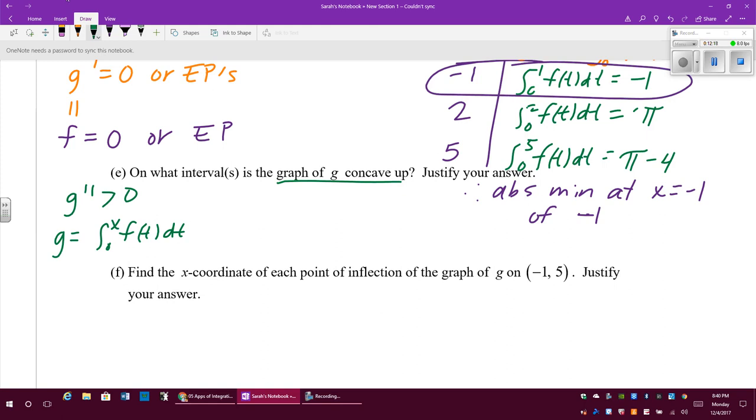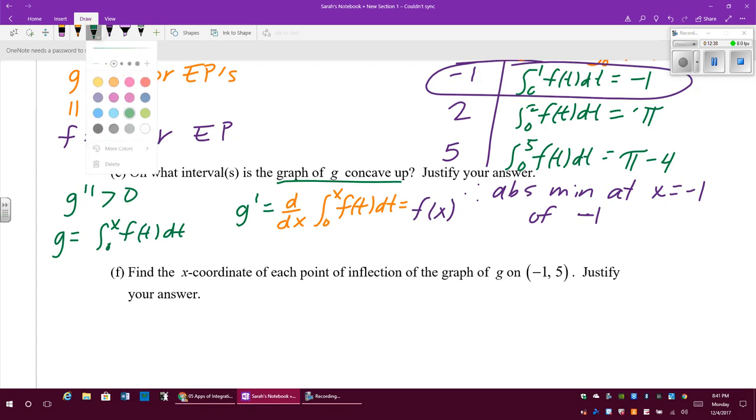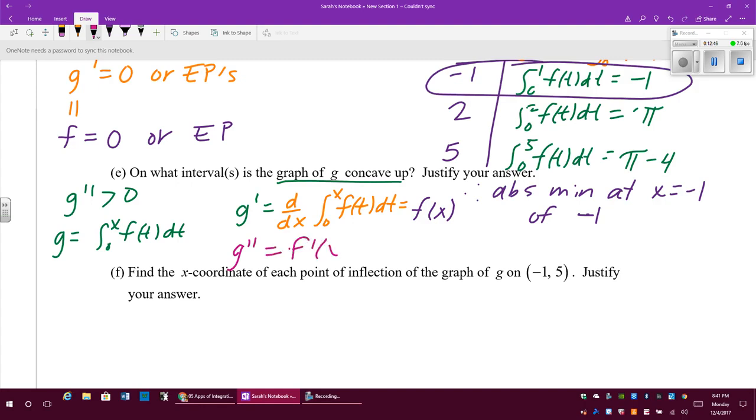We discovered that g prime was the derivative of the integral from 0 to x of f of t dt, which, because you know FTC, second FTC, you know is just f of x. Well, what that tells me is that if I take one more derivative, g double prime is f prime of x. So basically, I want to know where is f prime of x positive.